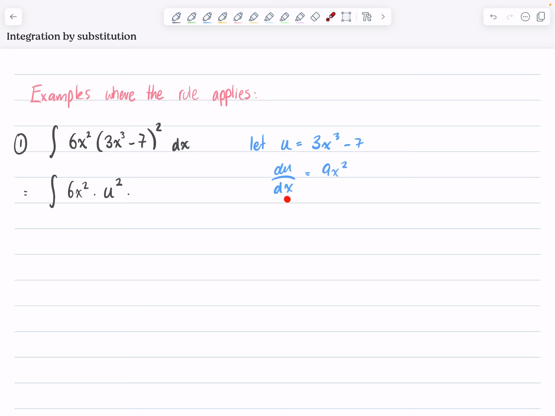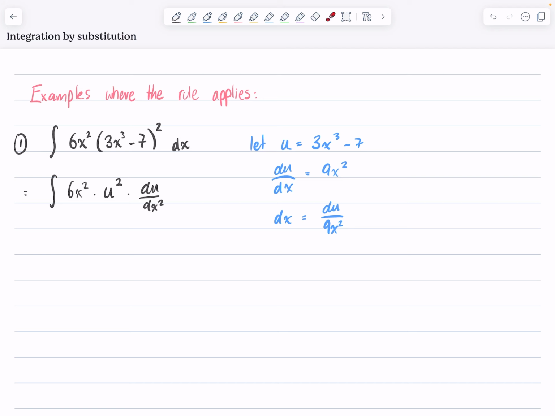The process goes: multiply by dx, divide by 9x squared, and I get dx by itself is equal to du on 9x squared. So a little bit of switcheroo algebra there. Now I can replace this dx with du over 9x squared.